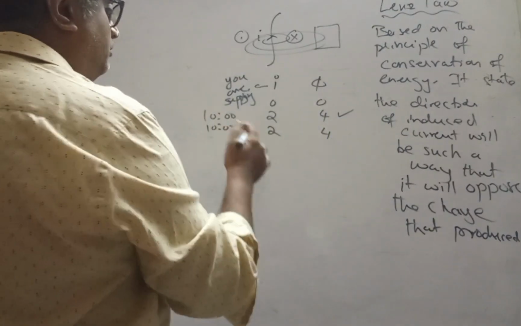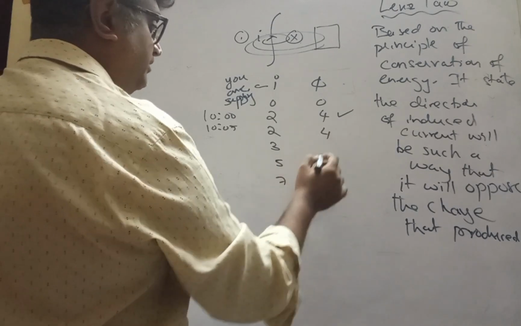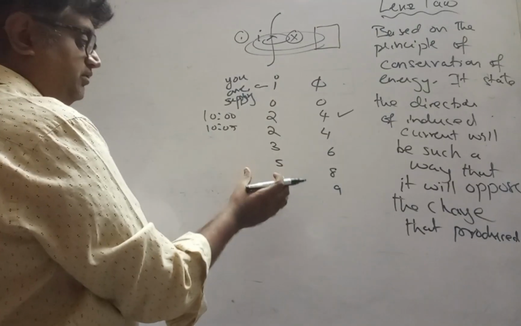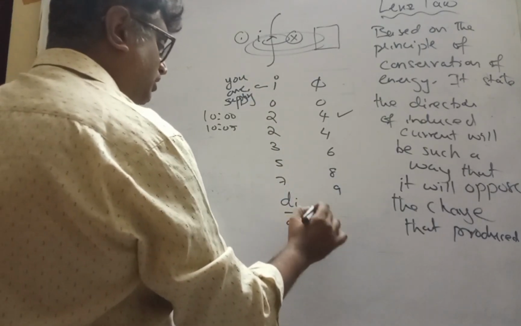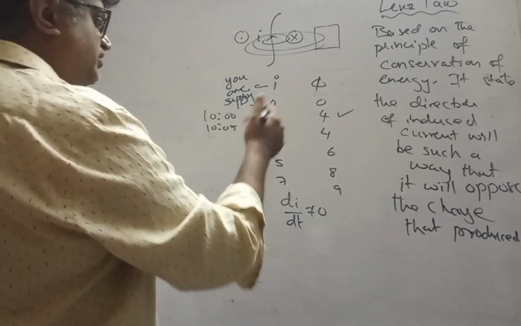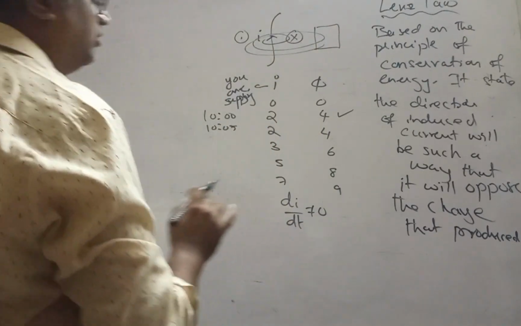But the moment you start changing the current, these lines will keep on increasing, because you're changing the current, that is di by dt is now not equal to 0. Whether you are increasing or decreasing the current, some flux change will happen inside the coil.